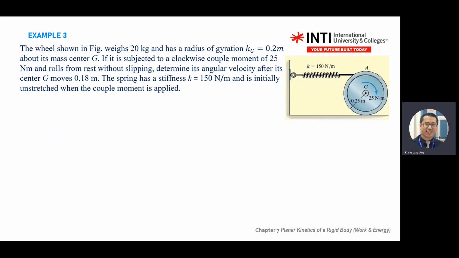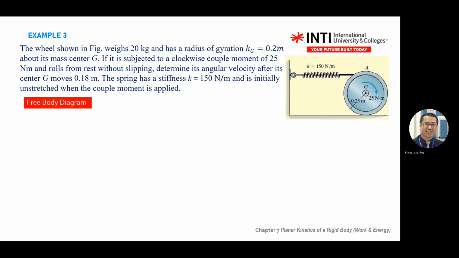You don't simply pull out the formula. When you see k, there is one formula that you need to memorize or need to use already, no matter how.